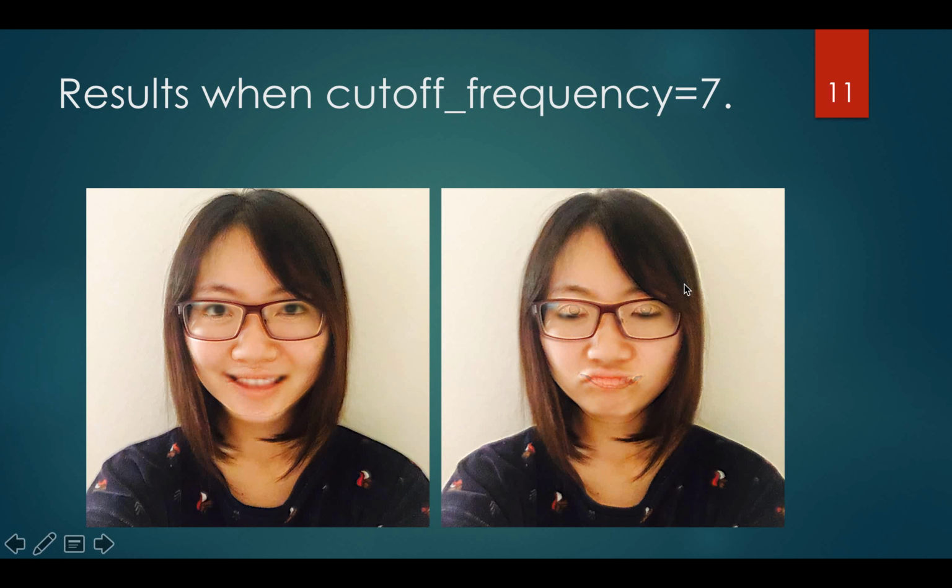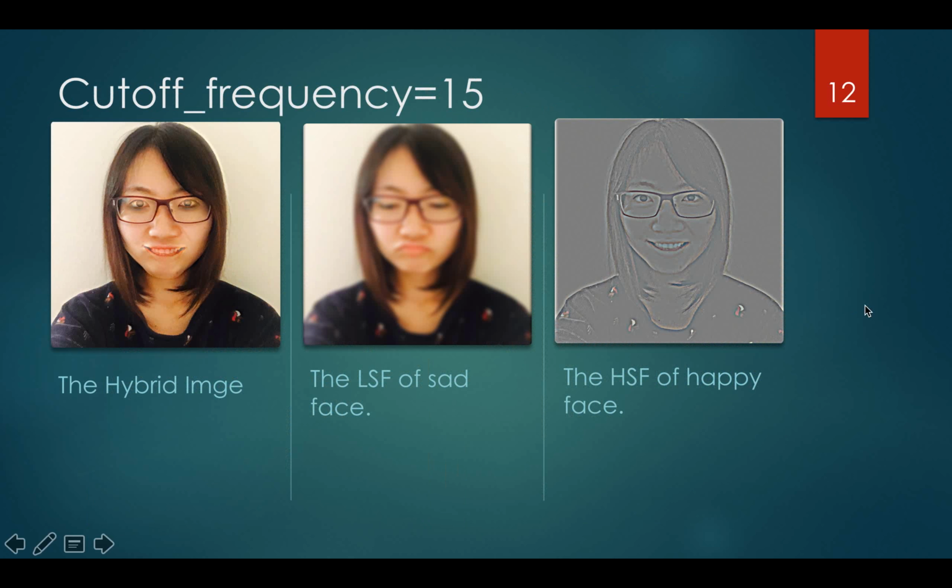So I choose to use the low spatial frequency of sad face in the following experiments. And through several experiments, I figured out that when I set the cutoff frequency at 15, we will have the best hybrid image. This is the low spatial frequency of sad face and the high spatial frequency of happy face, as I have shown of that program we just ran earlier.